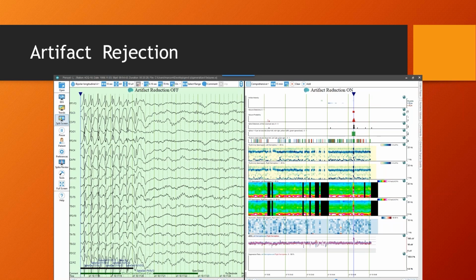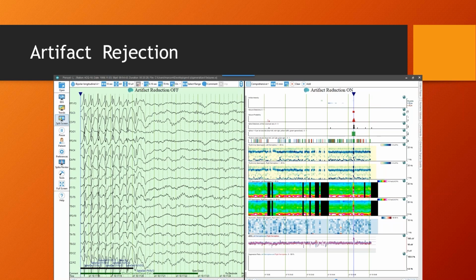In the FFT spectrogram, there's some black area, and that's suggesting there's artifact in those areas, so we're not going to process the trends for those areas. In the rhythmicity spectrogram, there are blank areas, and below in the asymmetry spectrogram, there are blank areas as well.